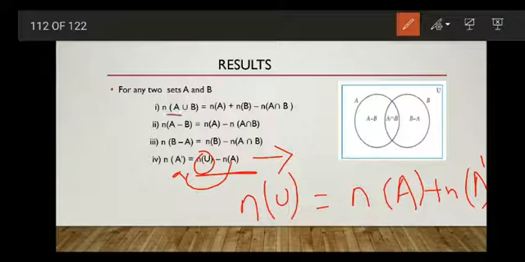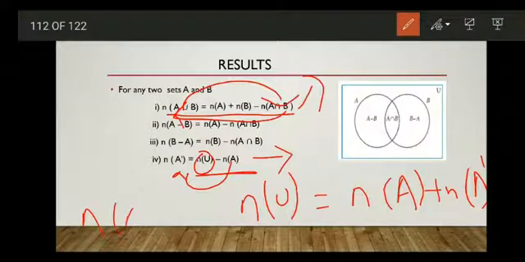Okay, from this, can you find what is n of A intersection B? So take this side and this n of A union B this side. So what you will get? N of A intersection B is equal to n of A plus n of B minus n of A union B.